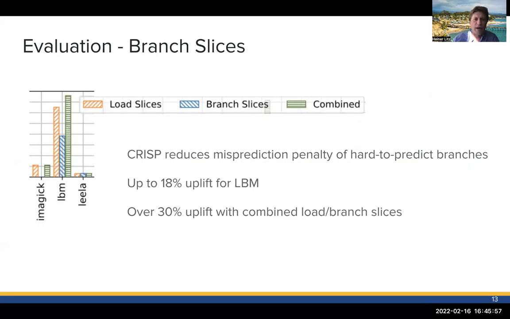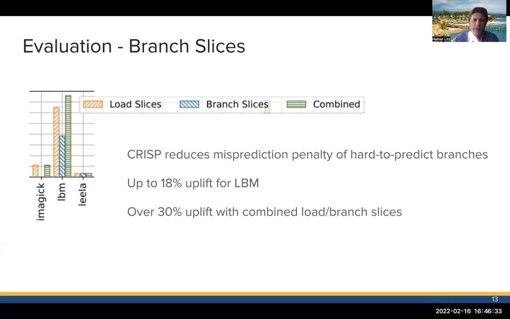I want to talk about one more thing, that is, CRISP can also be leveraged to accelerate branches that suffer from high misprediction penalty. What we're doing here is, again, via PMU counters, we determine branches that frequently mispredict and those that are hard to predict. We also extract the slices of the instructions computing the branch outcome, and then we prioritize those slices.